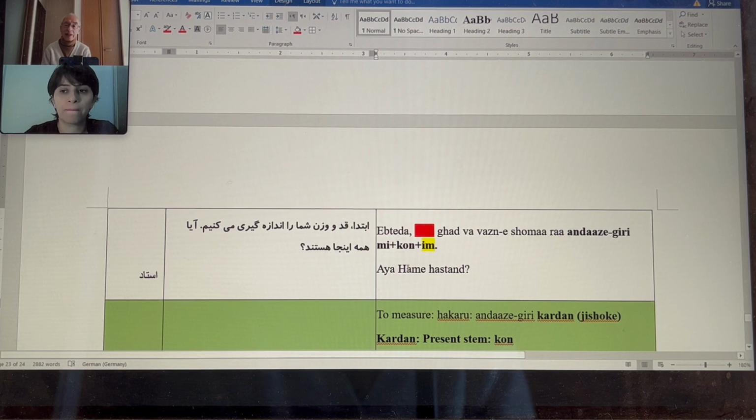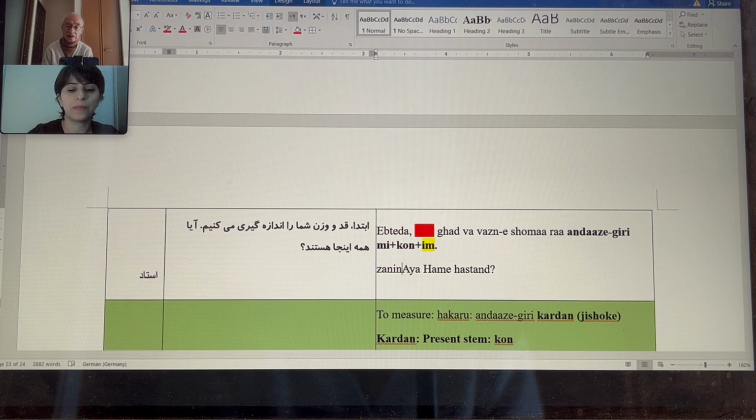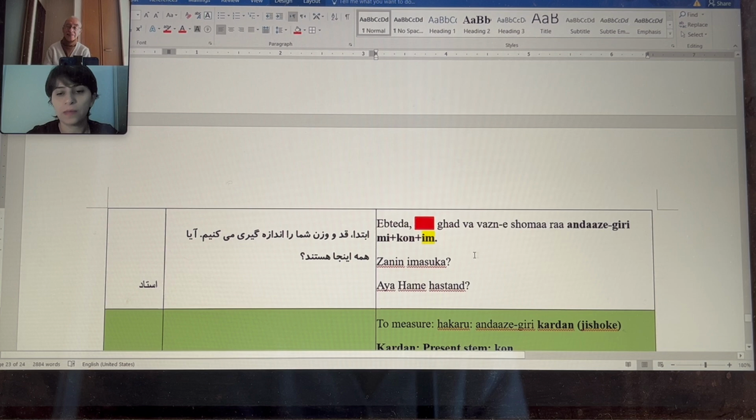So it's like in Japanese you say zen'in imasu ka. This ka is the question word, right? Yes.